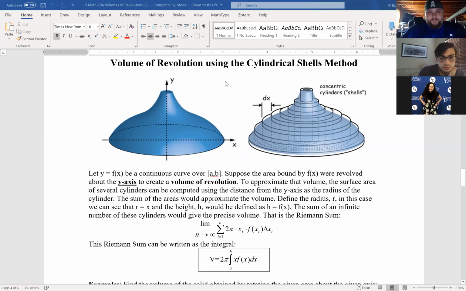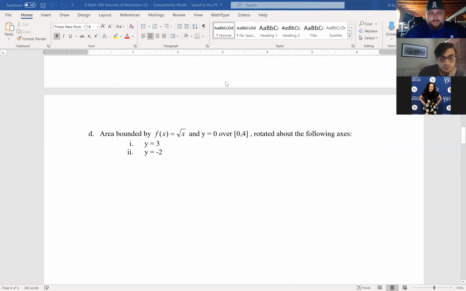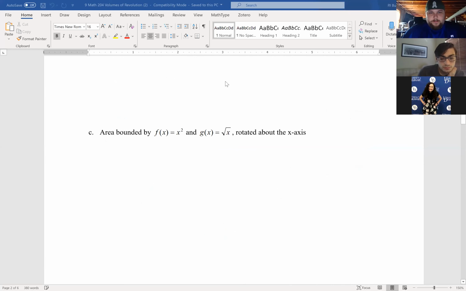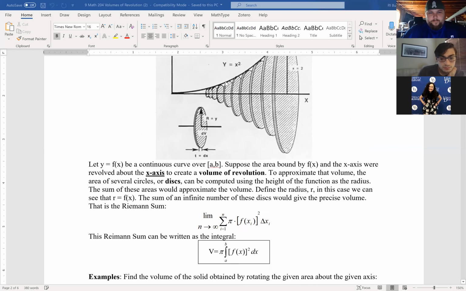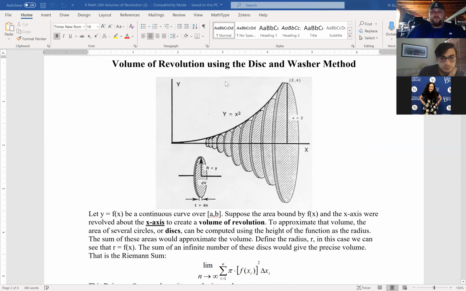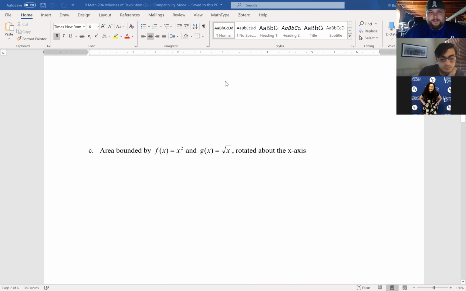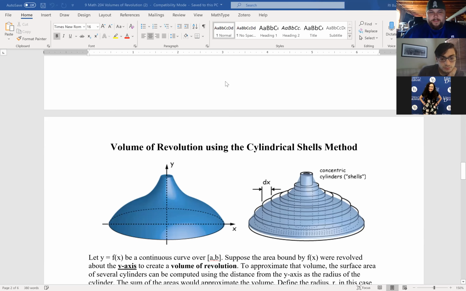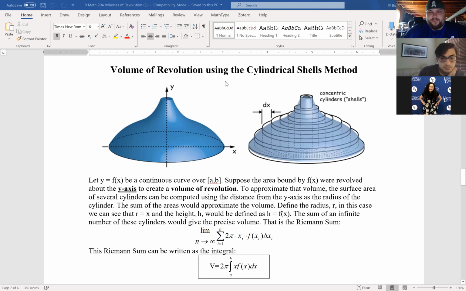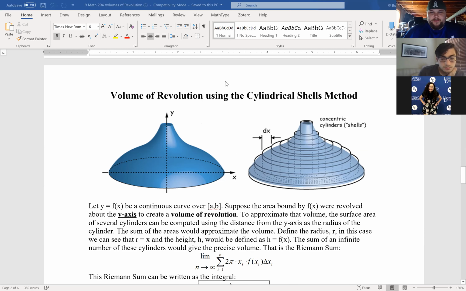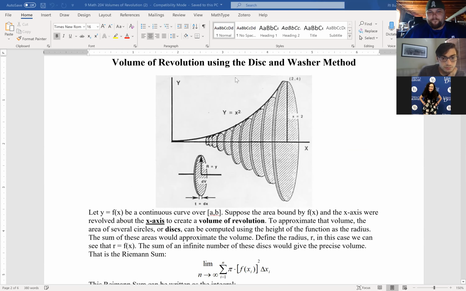All right. So we finished the volumes of revolution using disk and washer method yesterday. So we can go ahead and work on cylindrical shells method today. And typically they do follow the pattern that if you go about the x-axis, it's typically easier to do the disk or washer method.